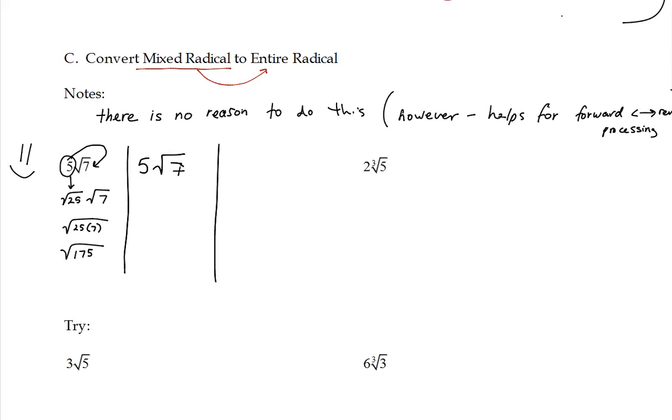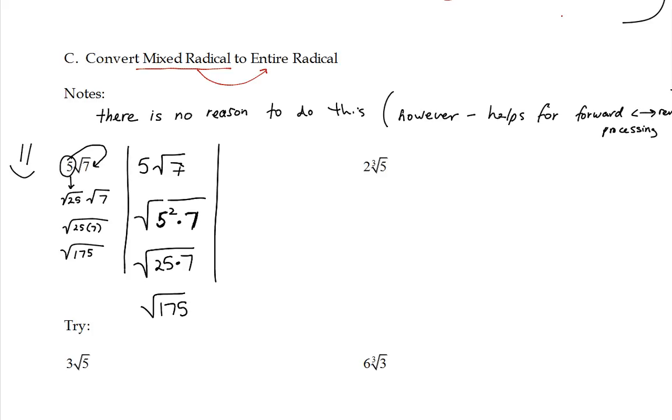When I put the 5 on the inside, I'm just going to square it. And then I get the 25 times 7. Same thing. You guys okay with that?